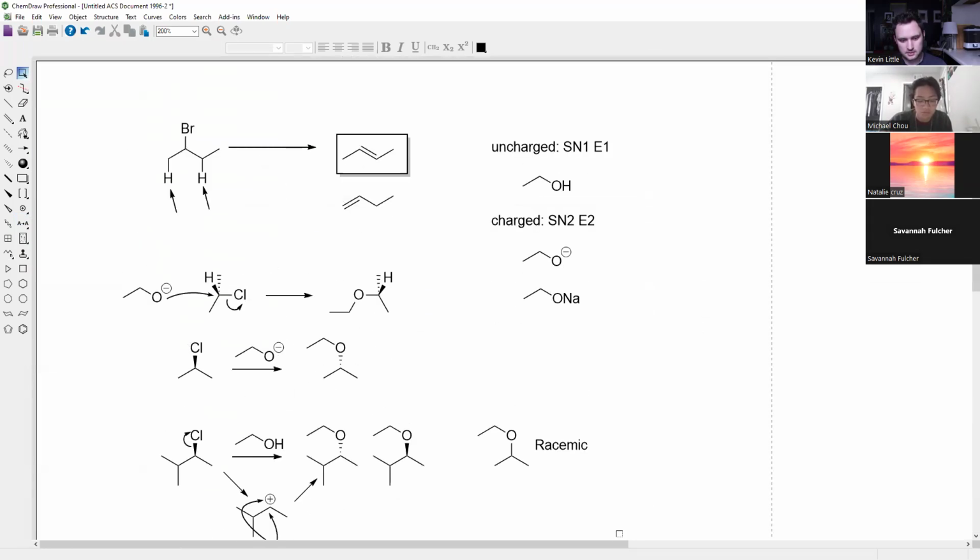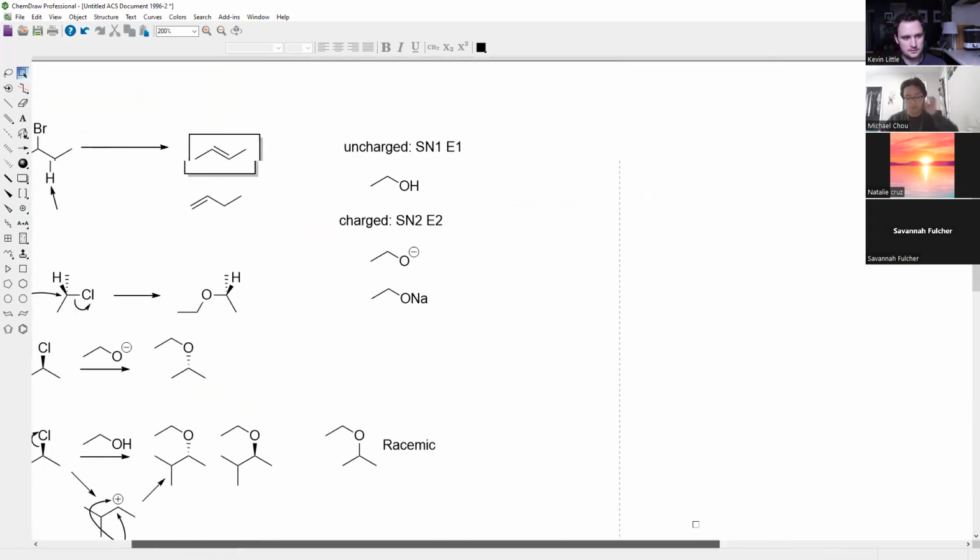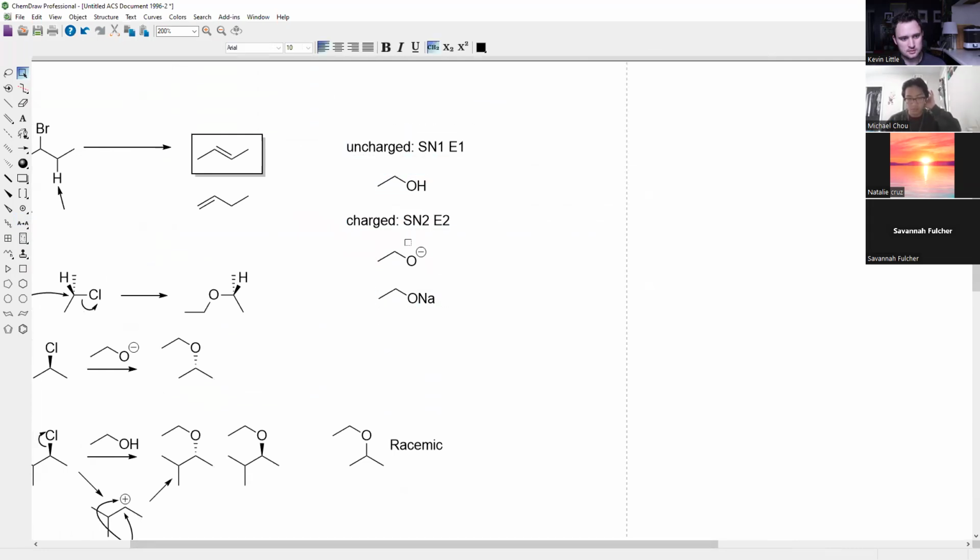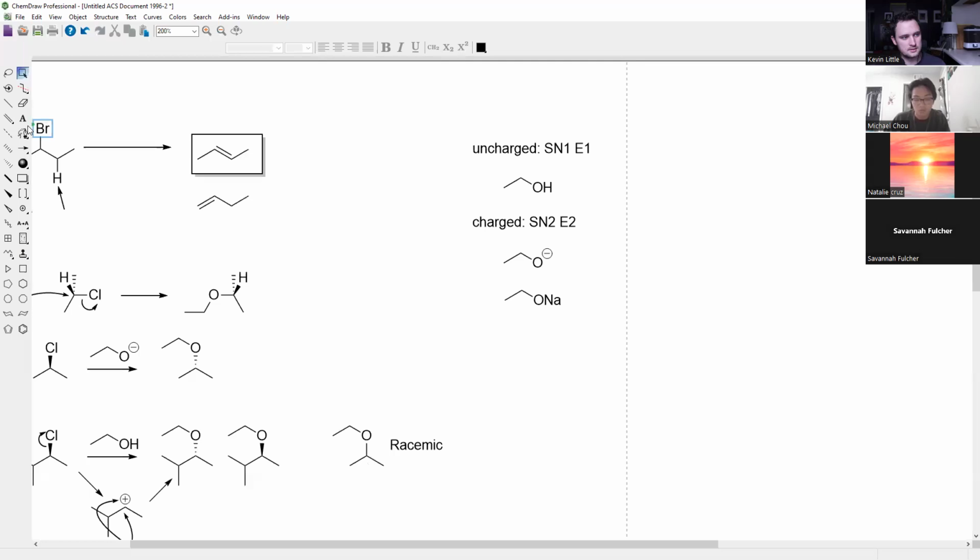So just for a little bit of practice, let's talk about this a little bit more. Charged or uncharged is actually the second thing you want to look at. The first thing you want to look at is what kind of alkyl halide do you have? If you have primary, it's going to be SN2, end of story.